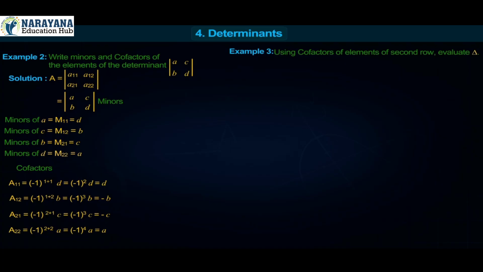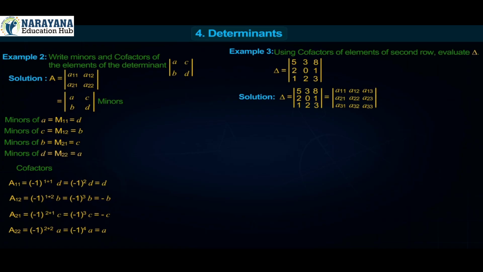Example 3. Using cofactors of elements of the second row, evaluate delta. Delta is equal to determinant |5, 3, 8; 2, 0, 1; 1, 2, 3|. Solution. Delta is equal to determinant |5, 3, 8; 2, 0, 1; 1, 2, 3|, which is equal to determinant |A11, A12, A13; A21, A22, A23; A31, A32, A33|.